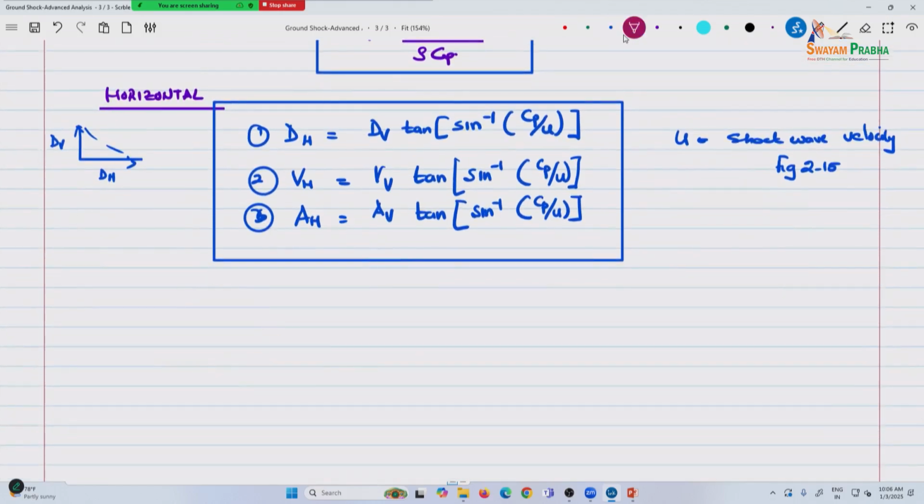But for simplification, if Cp divided by, this is unit conversions, 12,000 U is greater than 1, then the horizontal and vertical motions are similar to each other. All the values are approximately the same, and can be considered that way.